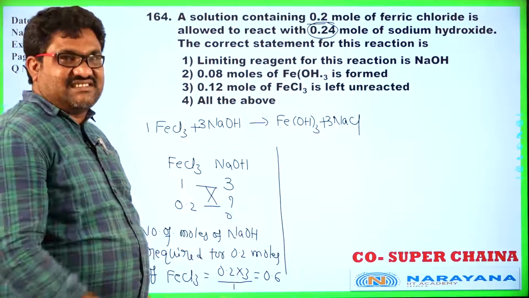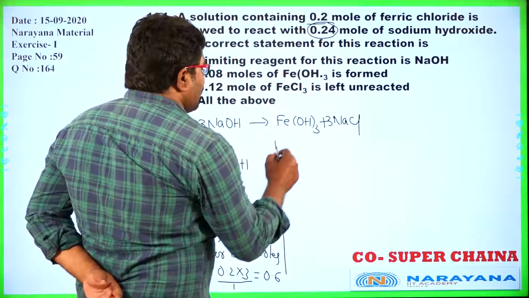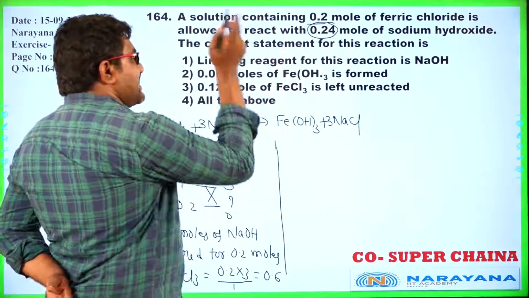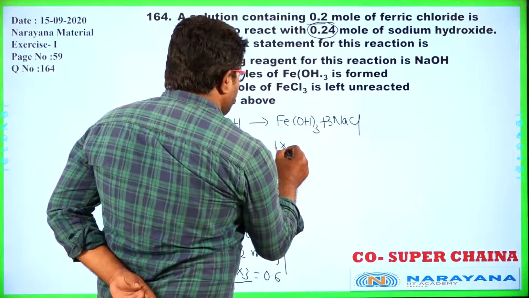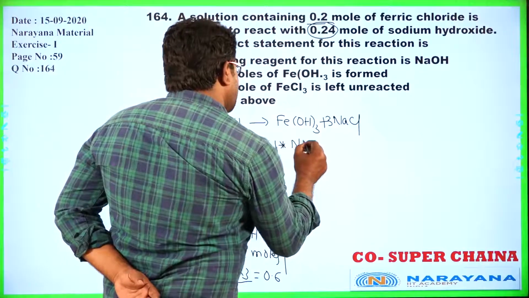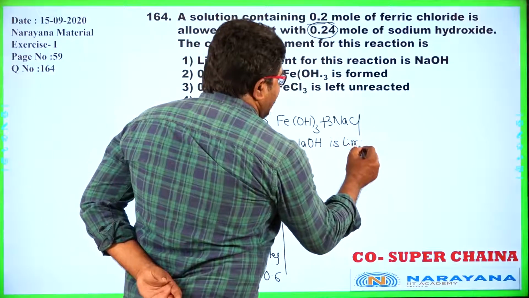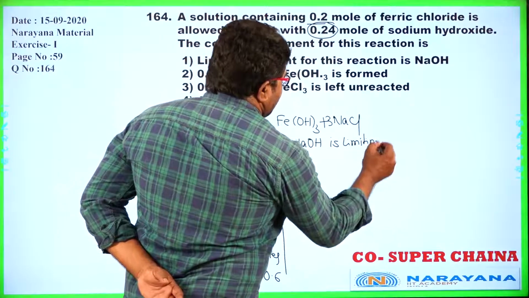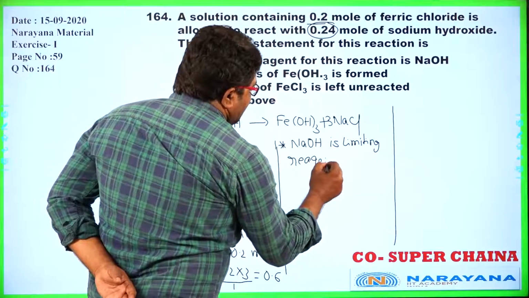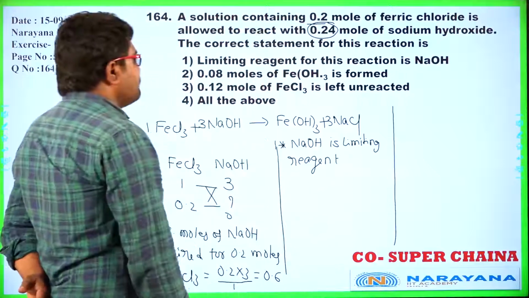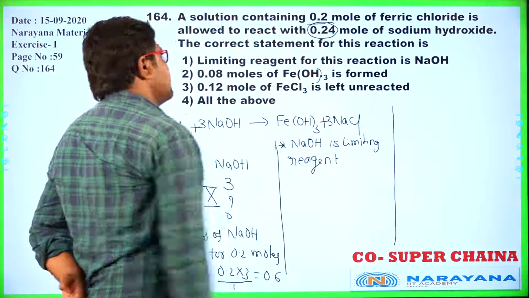FeCl3 is present in excess. So it is concluded that NaOH is not sufficient and is completely consumed. So from this point I am going to write NaOH is the limiting reagent.